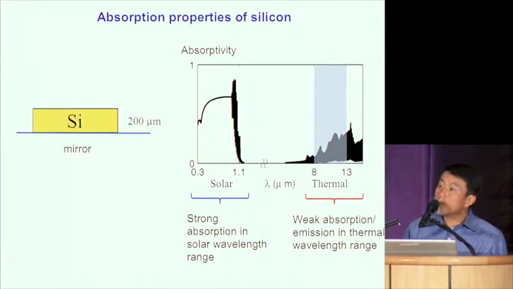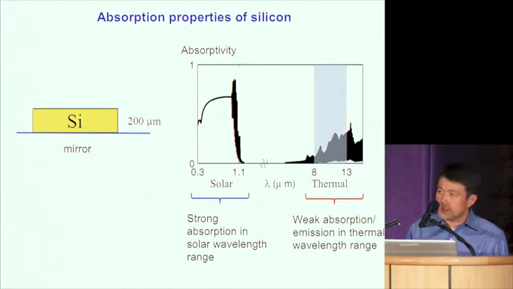It has very good absorption, as you would expect, on the shorter wavelength side, below 1.1 micron or so, and that's what you use a solar cell for. On the other hand, it has relatively little thermal radiation that you can use. So consequently, silicon, in fact, is not a very good radiative cooling material.